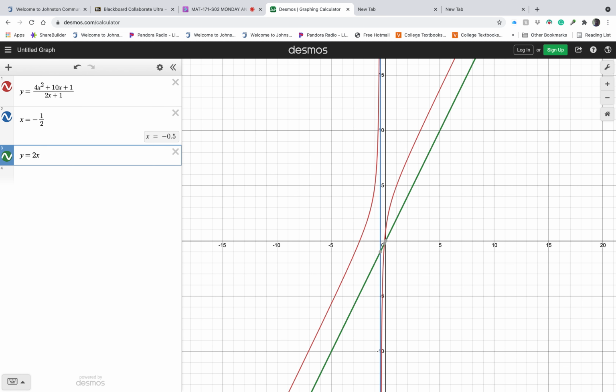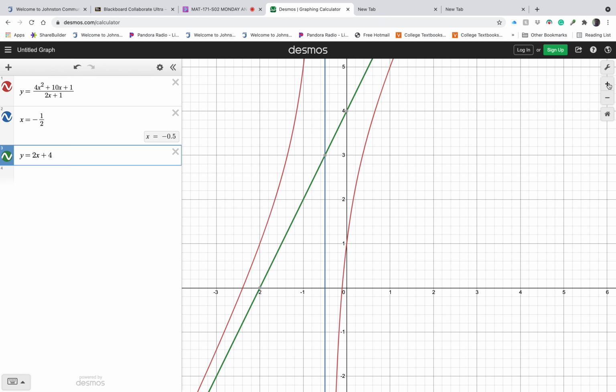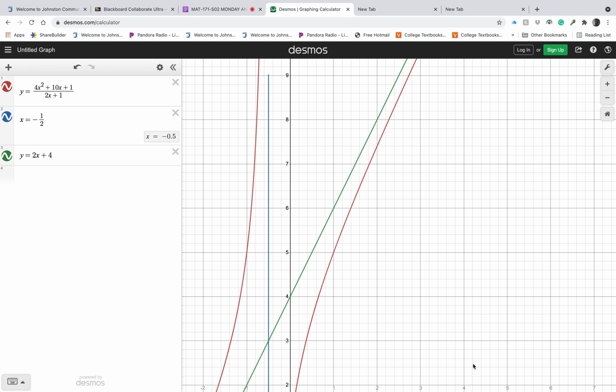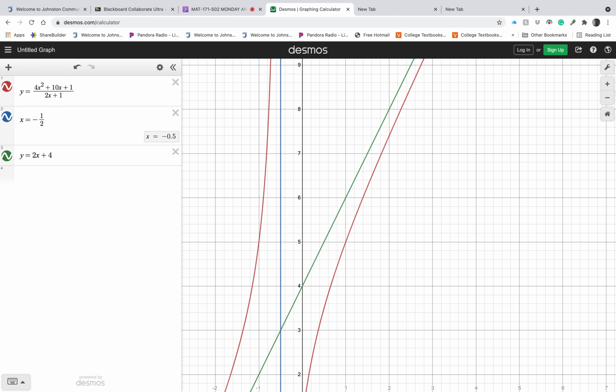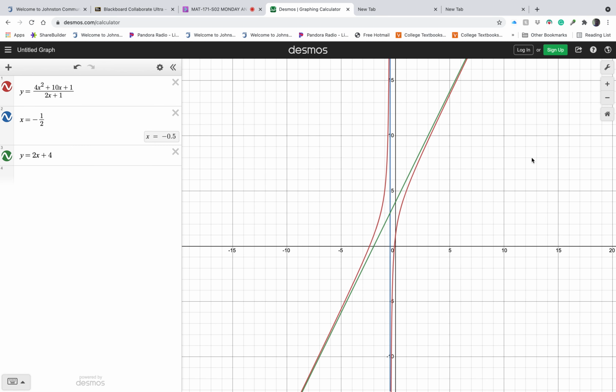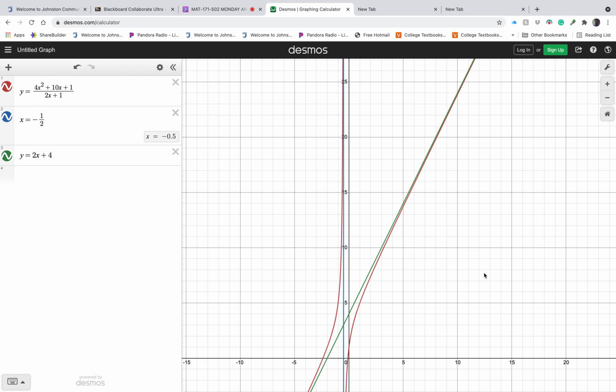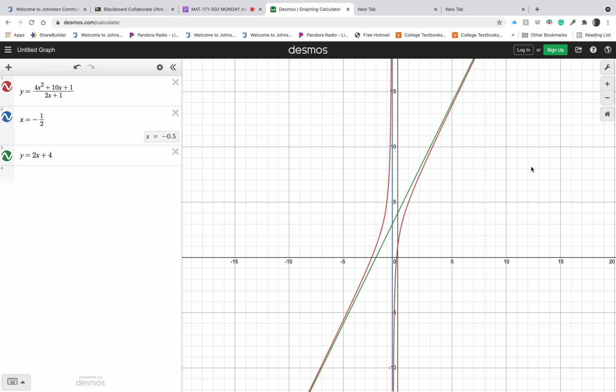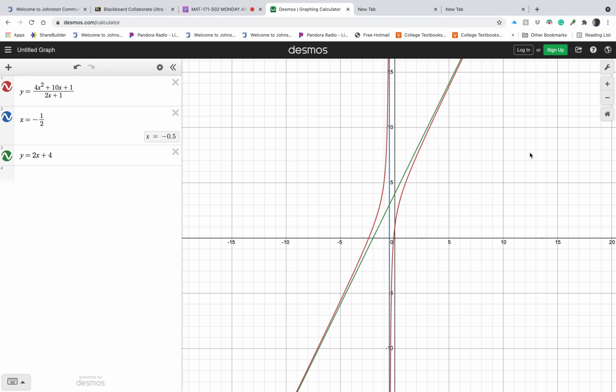Now, as for the slant asymptote, that was y is equal to 2x plus 4, and let's zoom again here, a little bit of a crisscross pattern. At the extreme left and the extreme right, we have it running tangent in fashion as well.